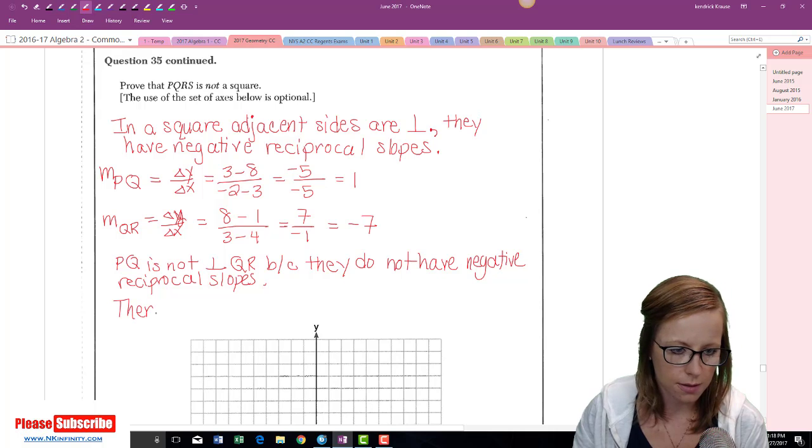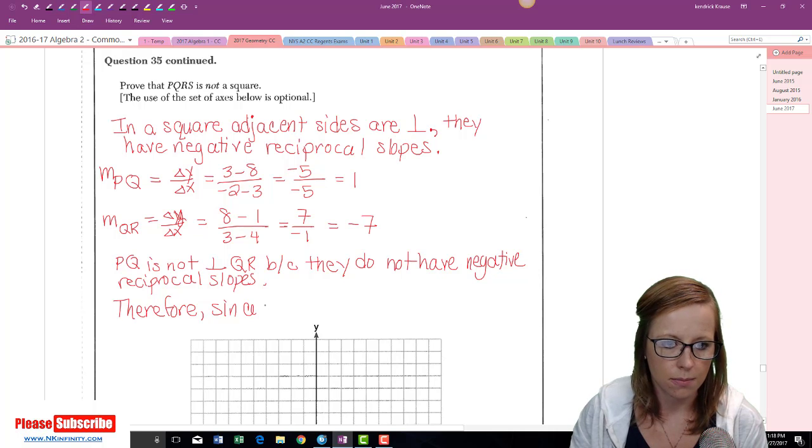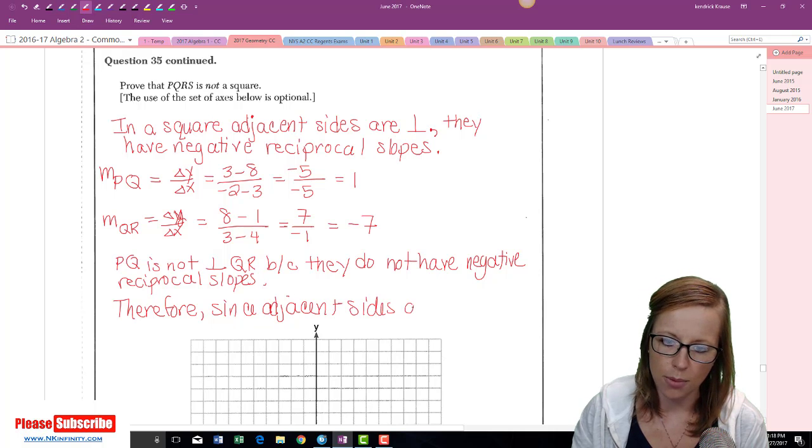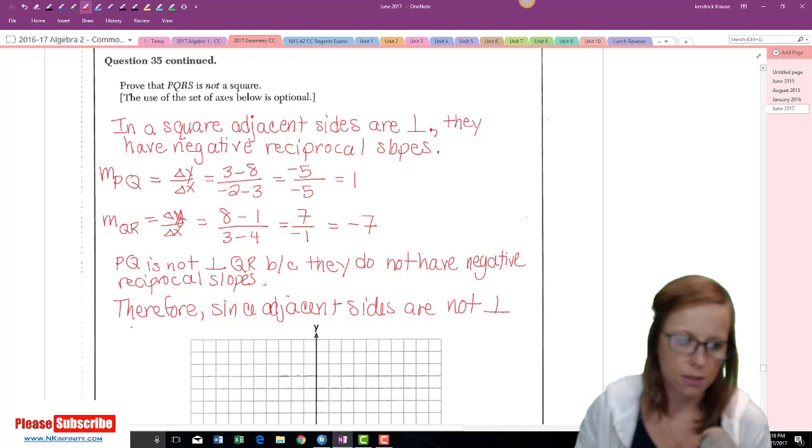Therefore, since adjacent sides are not perpendicular, PQRS is not a square.